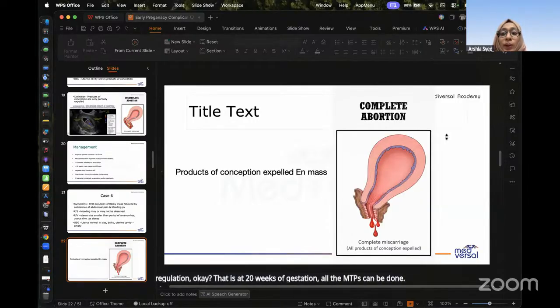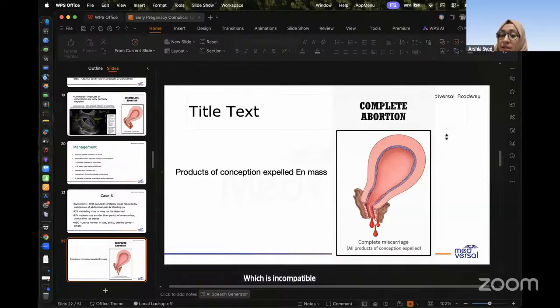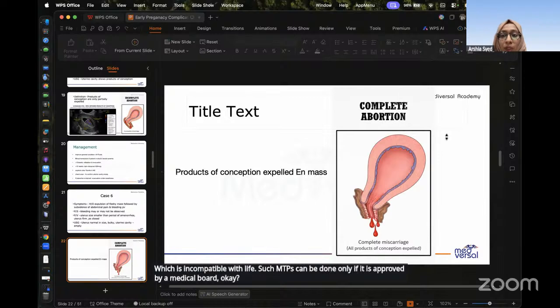From 20 to 24 weeks, when you're detecting late fetal anomalies which are incompatible with life, such MTPs can be done only if approved by a medical board. Once they've approved, only then you can carry out the process of MTP.